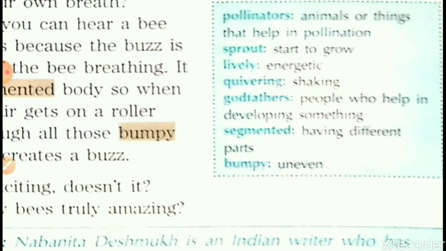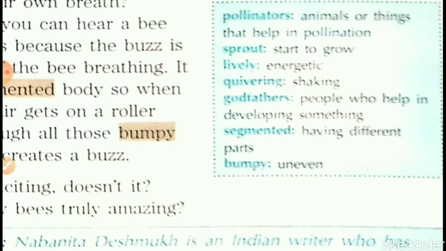Godfathers, people who help in developing something. 10th word is segmented. Segmented, having different parts.